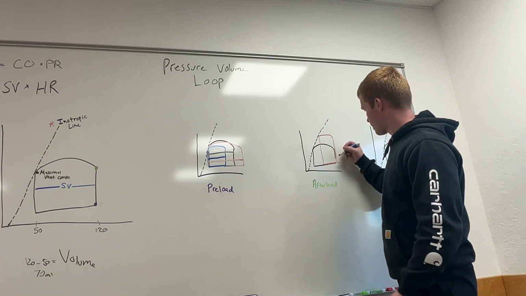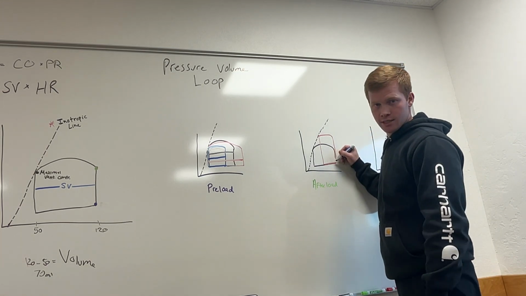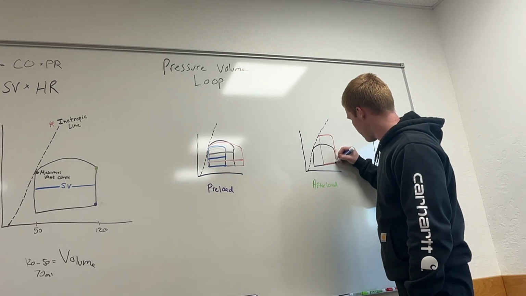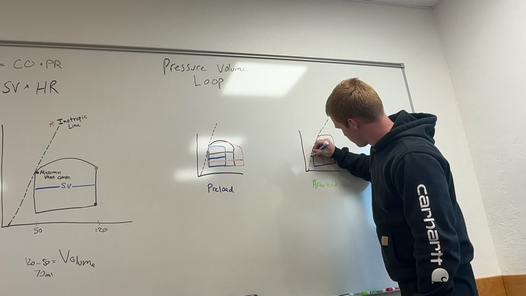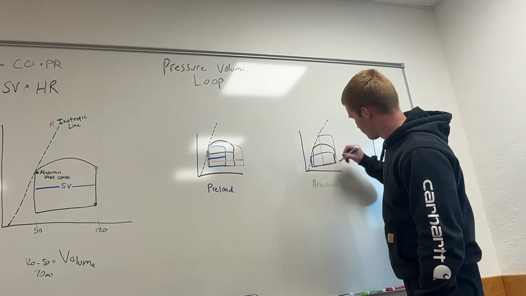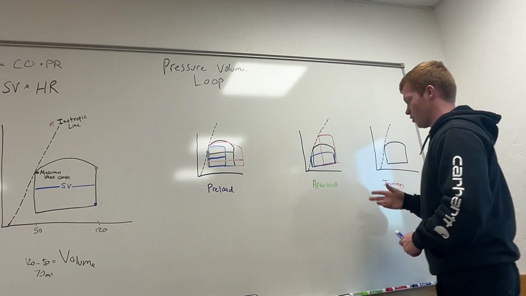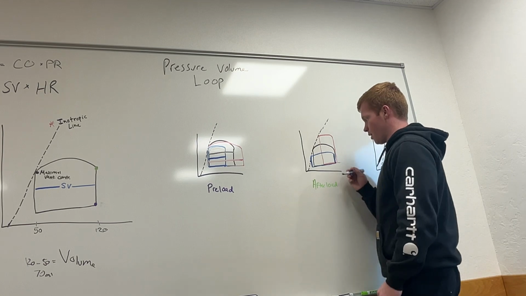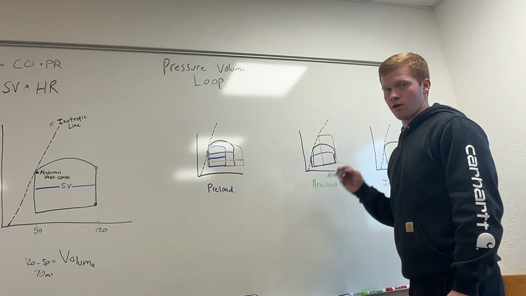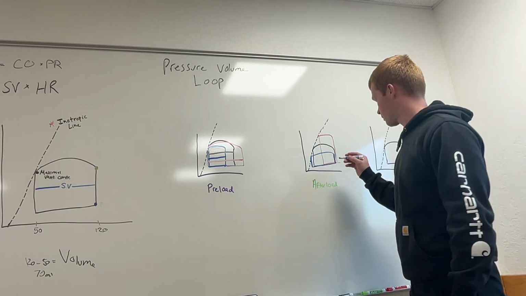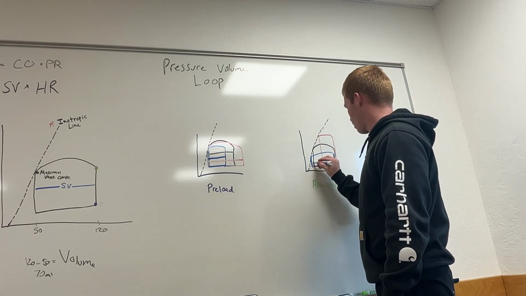If we decrease afterload, decrease the resistance it takes to pump blood out, go to right here, come to right here. Can't see it super well because my line's not great, but pretty much if you decrease afterload, decrease the pressure it takes the heart to overcome to pump blood out, you're going to increase stroke volume.